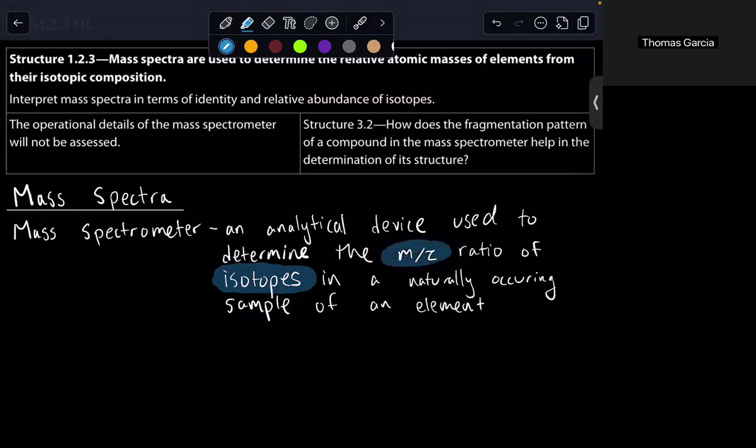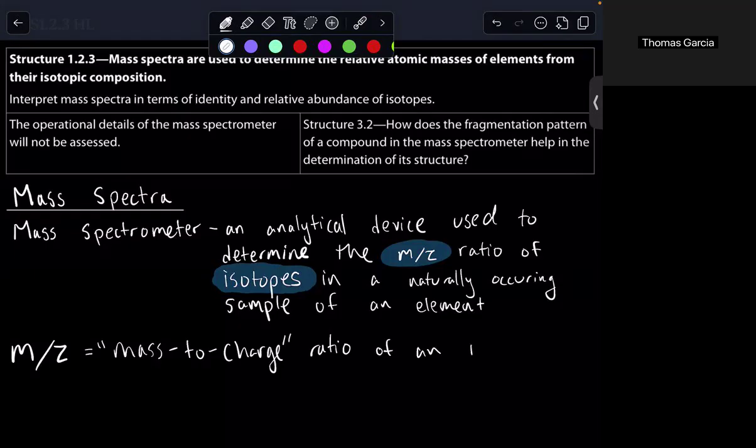The other one is MZ or M over Z ratio. So what does that actually mean? Well, MZ is actually the mass to charge ratio of an ion. Now, when we're talking about mass to charge ratio, we literally mean mass divided by charge.